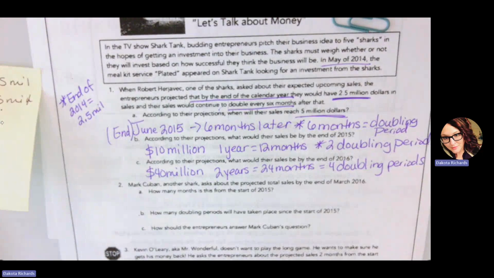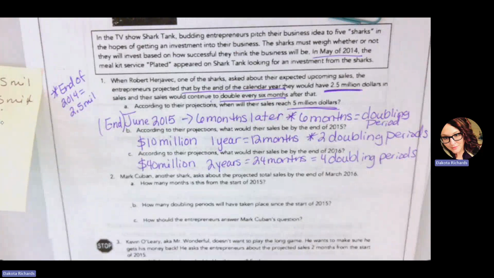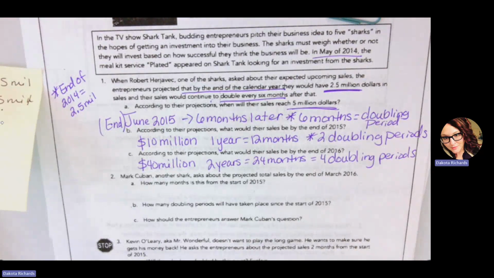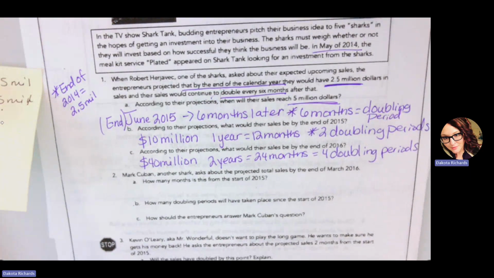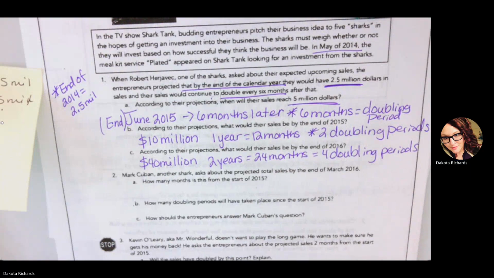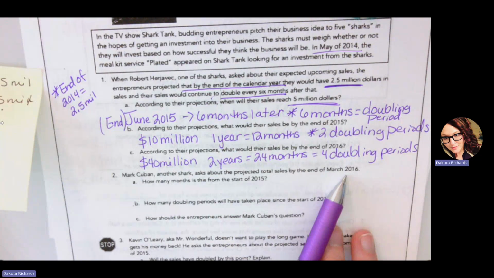Number 2. Mark Cuban, another shark, asks about the projected total sales by the end of March 2016. How many months is this from the start of 2015? So March 2016, that's 3 months into 2016, right? And then you've got the whole year of 2015. How many months are in a year? 12. So what's 12 plus 3? 15.